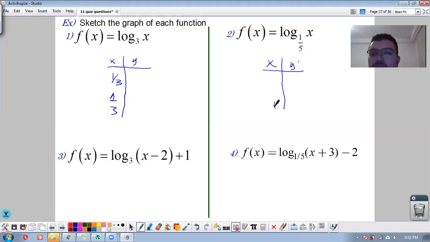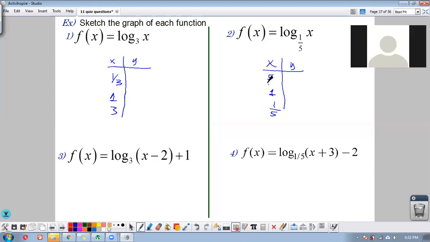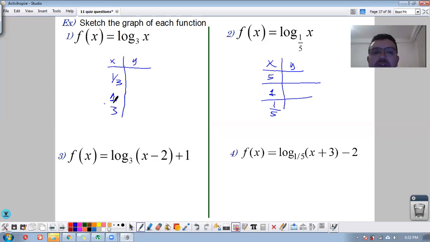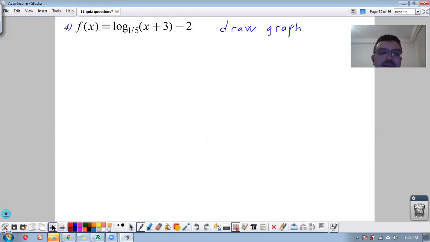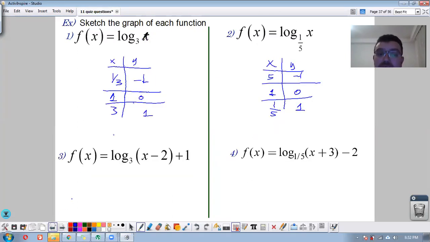Firstly, same with the base, 1 over 5, then number 1, then inverse of the base. So for each of these three cases, you will always have the results if you put them well. Minus 1, 0, and 1. These values are about inside the logarithm.